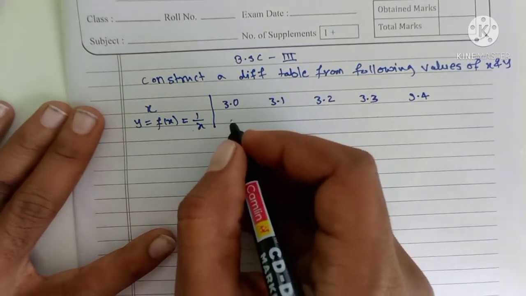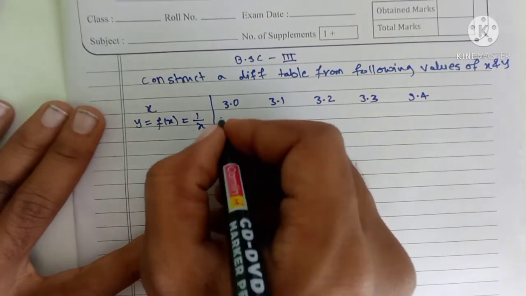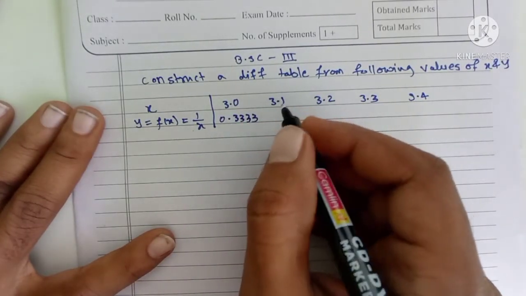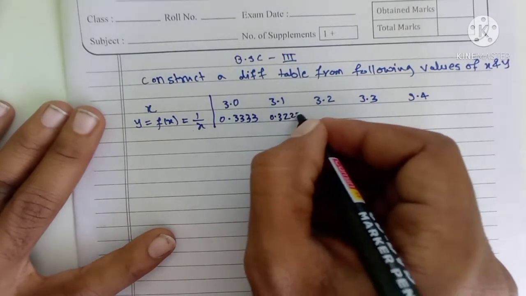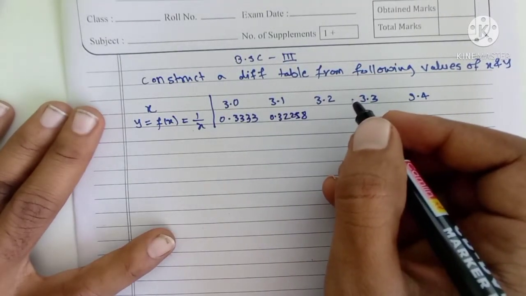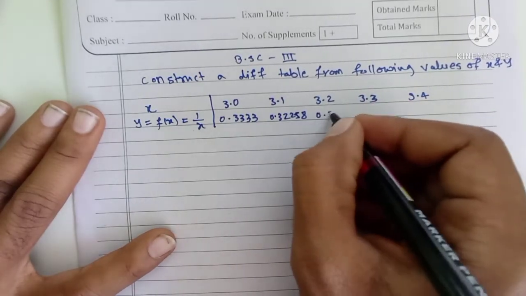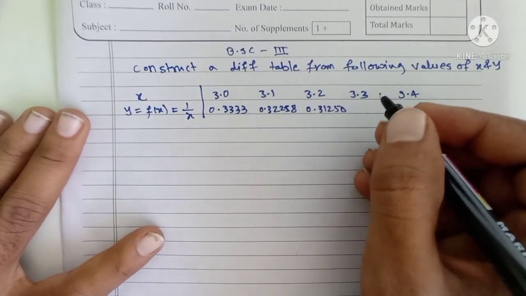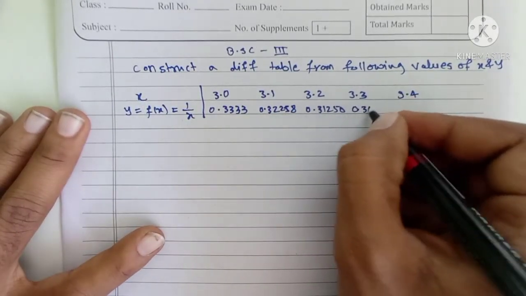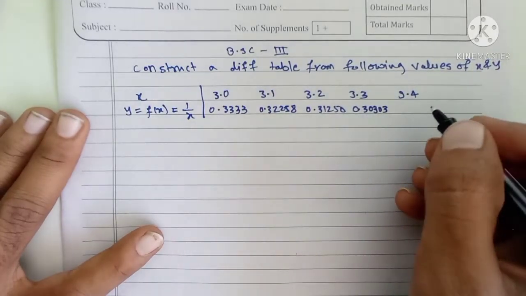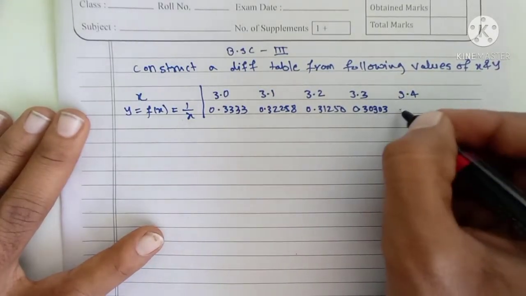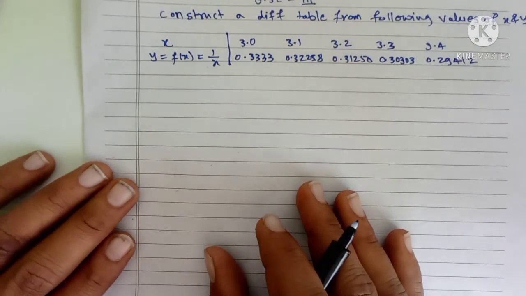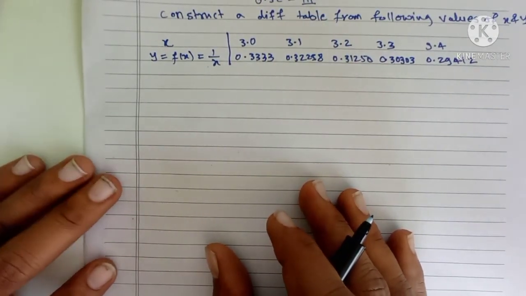Now 1 by 3 is what? 0.3333, then 0.32258, then 0.31250, then 0.30303, then 0.29412. Now to make the difference table, you can use calculators also.